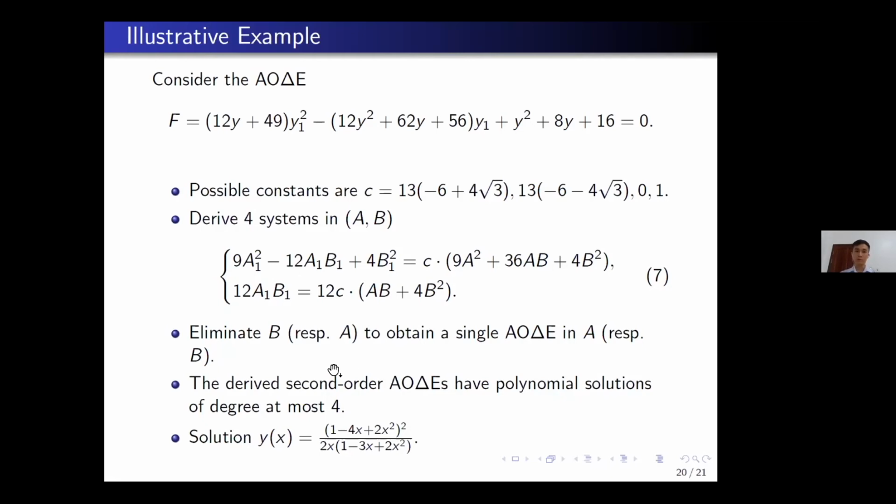And then it comes to a second order autonomous differential equation, four of them for A and four of them for B. And then we can derive a degree bound for polynomial solutions with a at most 4. And from that, we can determine the solution.